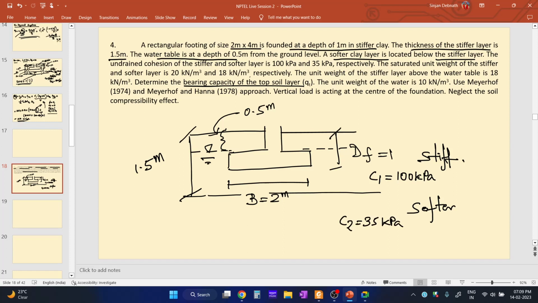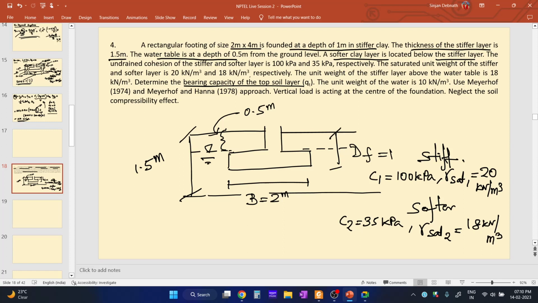The saturated unit weight of the stiffer and the softer layer is 20 and 18 kilonewton respectively. So gamma saturated 1 is equal to 20 kilonewton per meter cube, and gamma saturated 2 is equal to 18 kilonewton per meter cube.